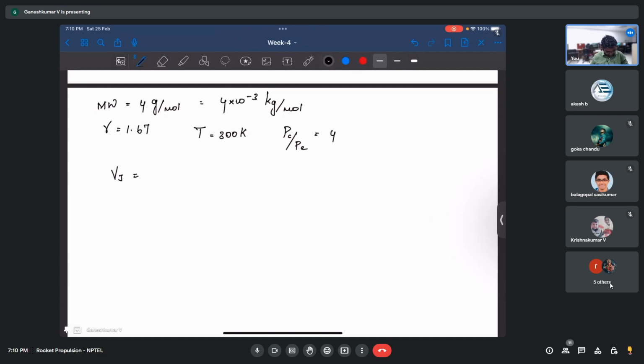Do you remember? Yes, sir. It's something like root of Tc into gamma by gamma minus 1 into R by molecular mass into 1 minus Pe by Pc raised to gamma minus 1 by gamma.